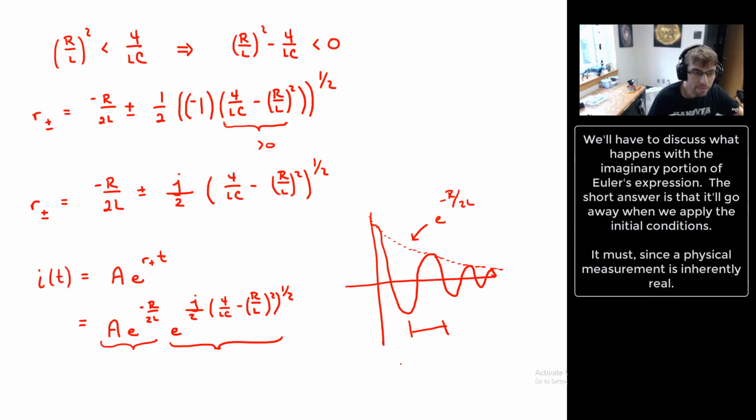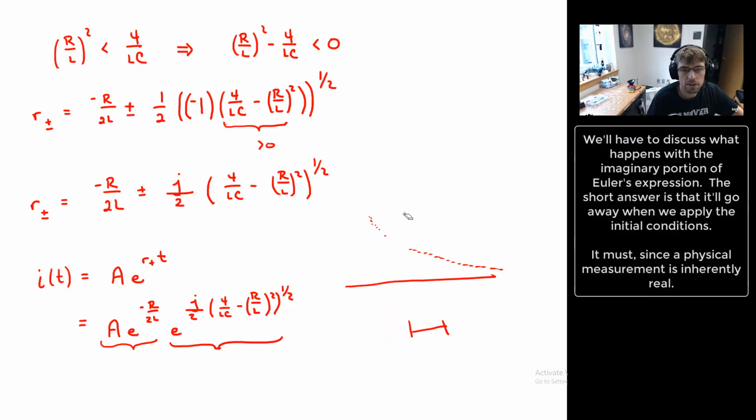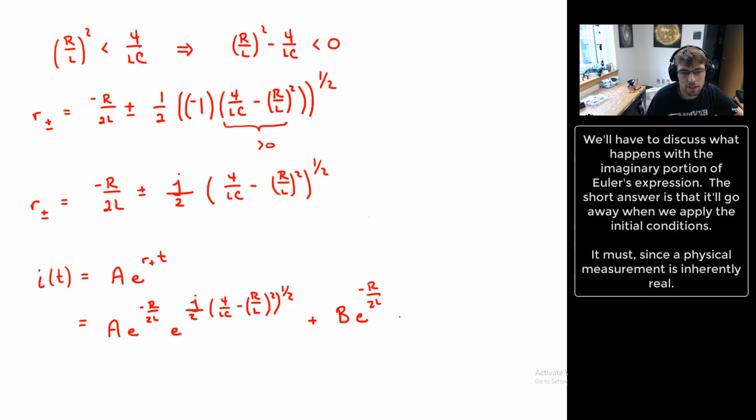Okay. And of course, let's get rid of this for a second. Of course, if I included the second term in here, you would have something like plus b e to the same R over 2L, and then e, and then instead of a positive, you'd have that negative over LC minus R over L squared to the 1/2.